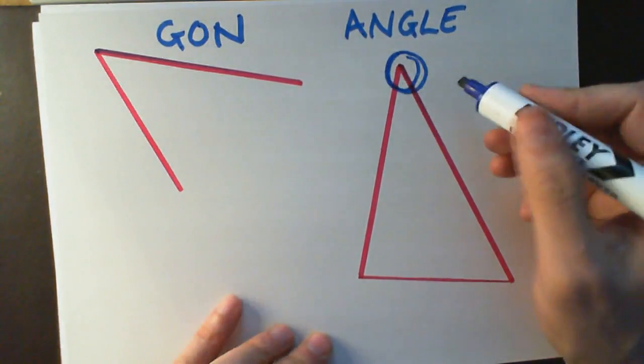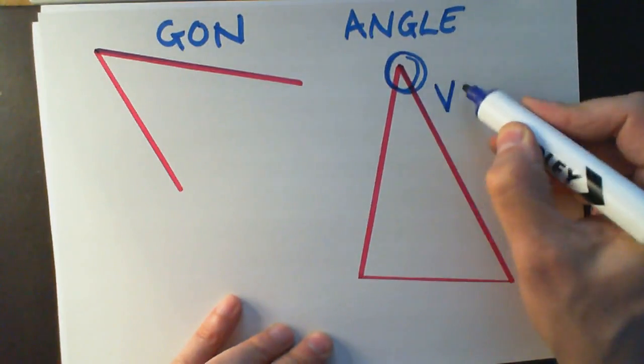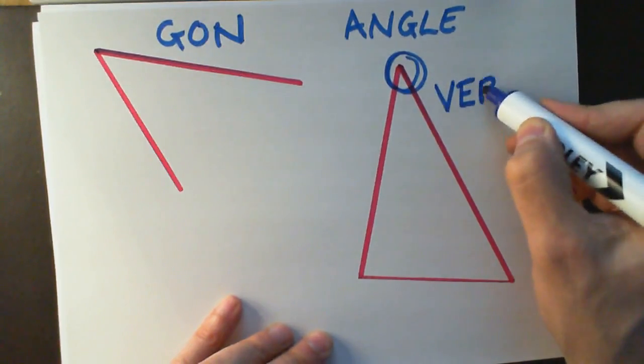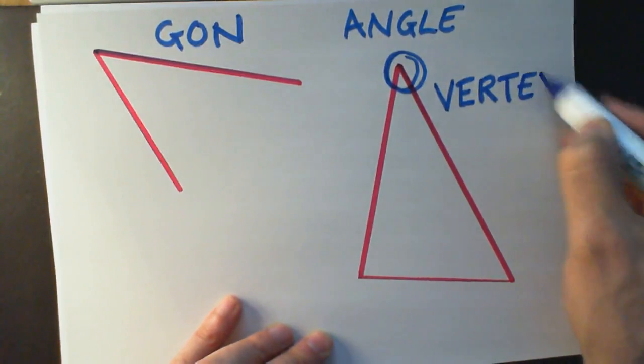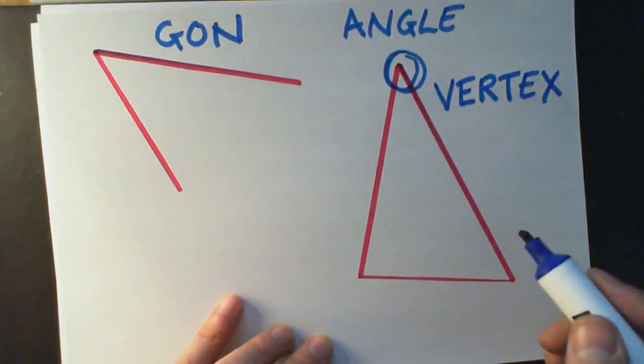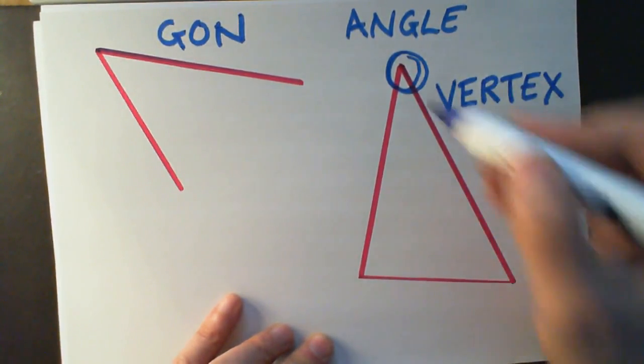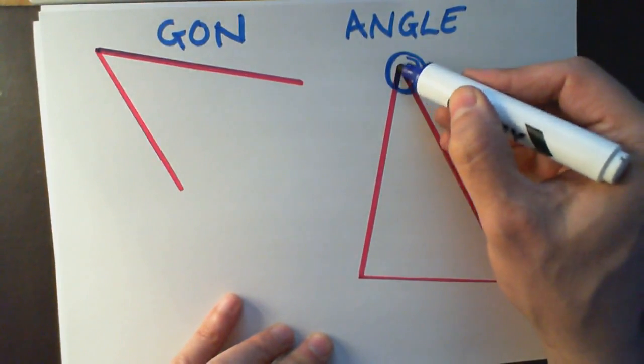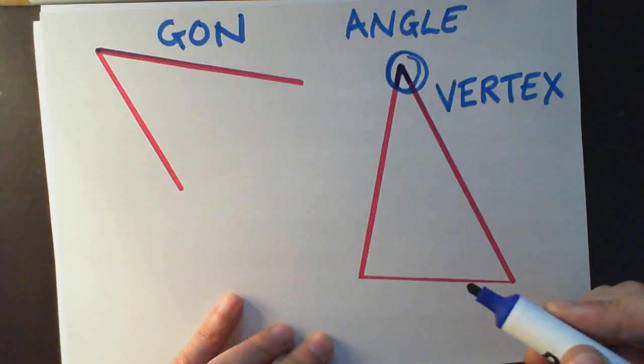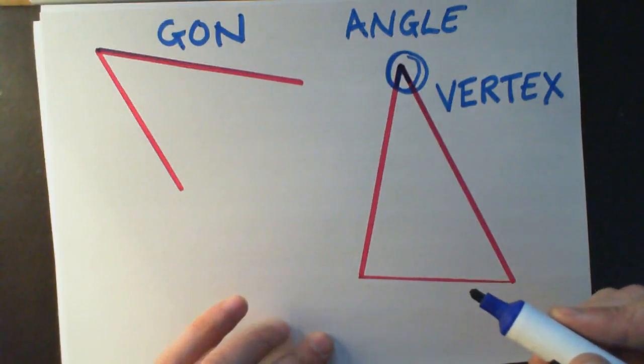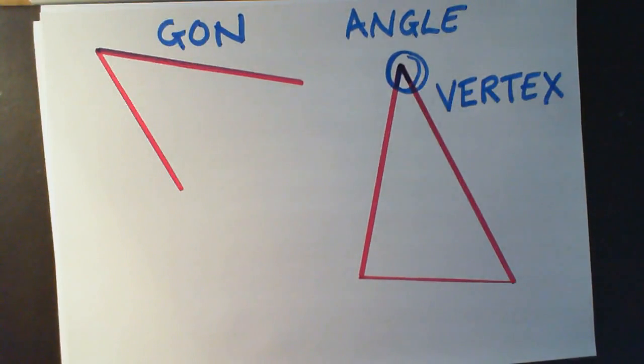This is called, in Latin, the vertex. Right? And this is the summit or the top of the triangle. So the pointy bit, the vertex. So in Latin, this means the top or the summit of the triangle, the vertex.